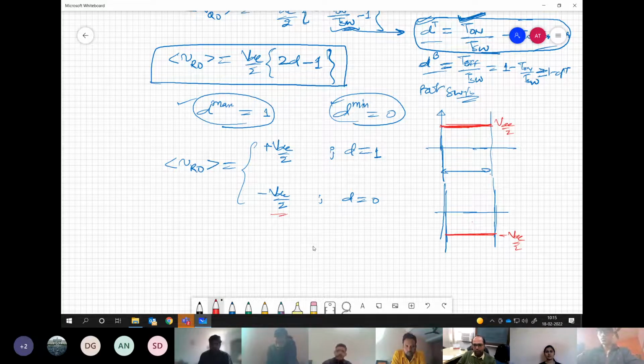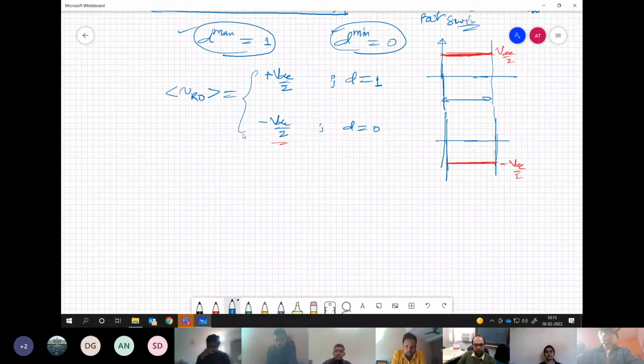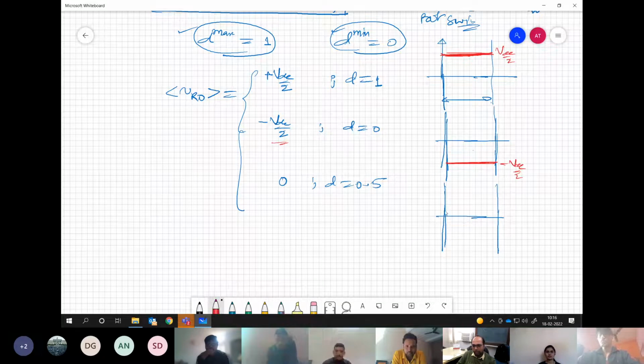Similarly, we can pick up any value. Let's say if you take, for example, D equals 0.5. What will be the value of this? 0. Now what it means is that for this switching period, we are applying plus VDC by 2 for half the time and minus VDC by 2 for the rest of the half time.